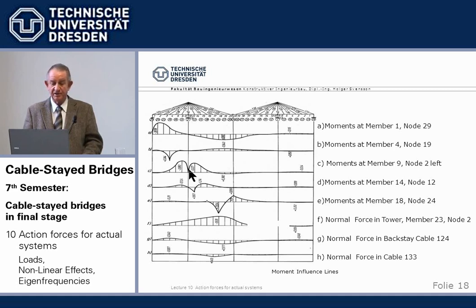Okay, typical negative influence line, we have to load closely to the tower here and here, and it gives us a big negative moment on top of the support, and that goes through all typical axial forces.